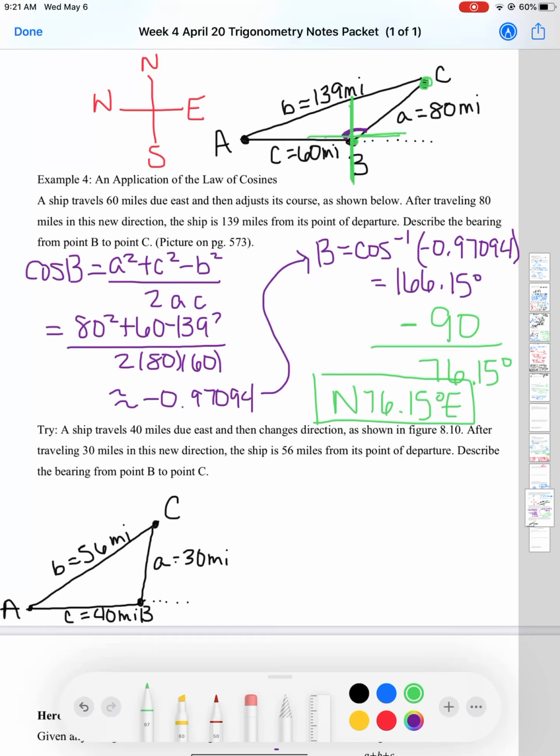So the try problem is set up in a really similar way. We're going to do the same thing. We're going to find cosine B first. So cosine B is 30 squared plus 40 squared minus 56 squared all over 2 times 30 times 40.